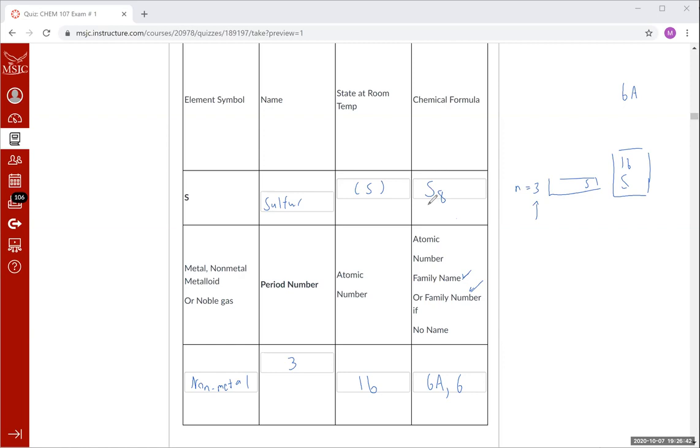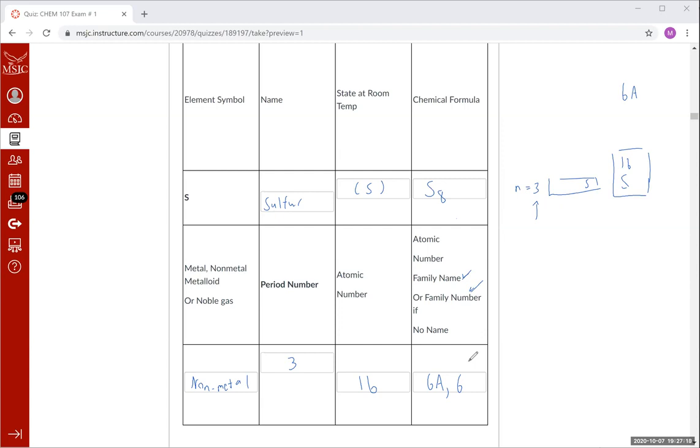I always like to test on the skills that we need in order to have less difficulty in later parts of the class. So I wanted to make sure everyone was familiar with the formulas of common elements, so that when we start writing out and balancing chemical equations, we don't have as much trouble with the formula. Does that make sense? Perfect. Any other questions? And yes, you can put group 6A, that's more than okay.